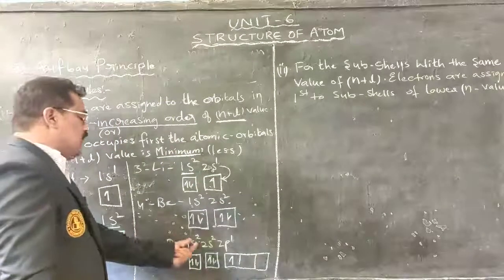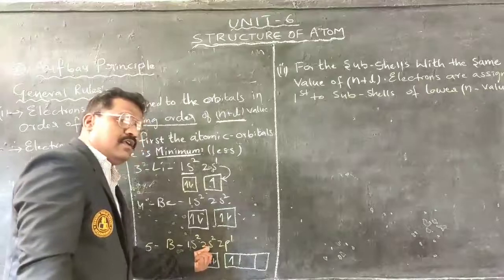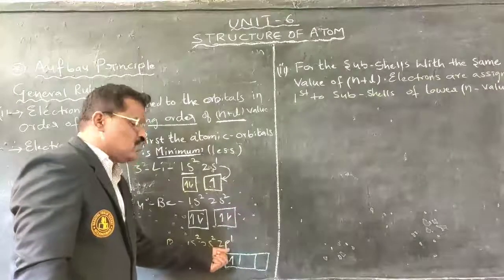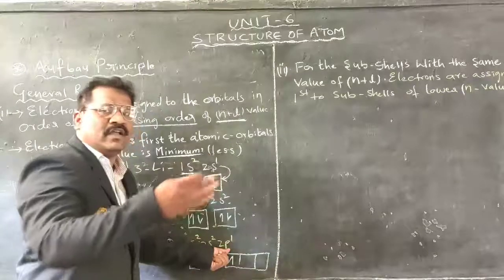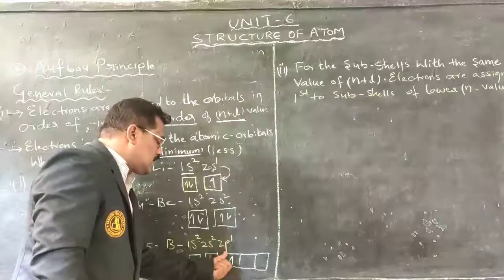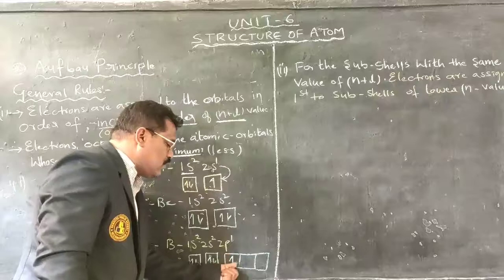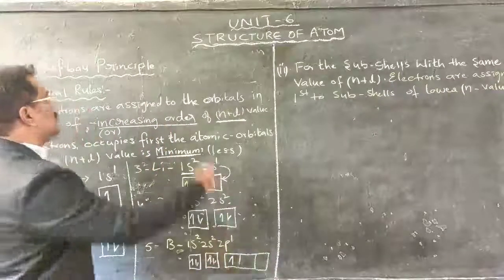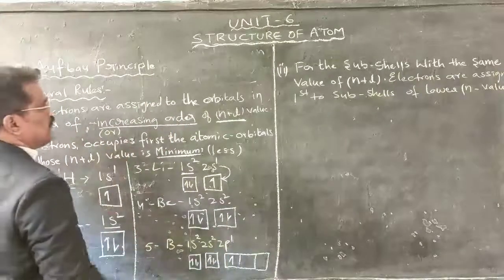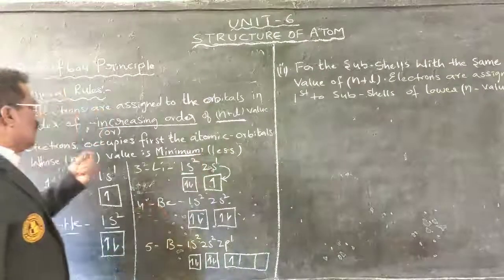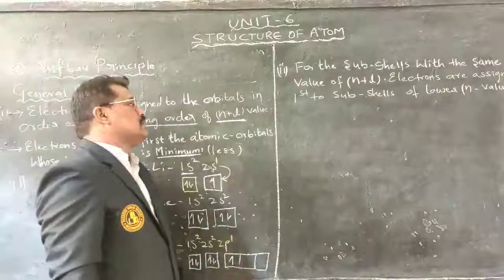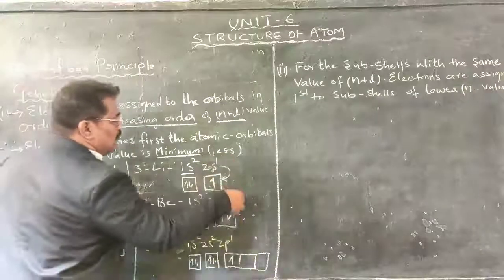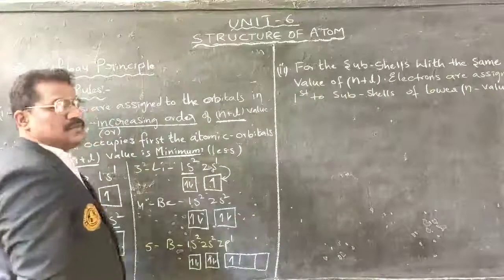After completion of the 2s energy level, the 2p orbital will have less energy than the next orbit, so the fifth electron will enter the 2p orbital. In this way, electrons first occupy the atomic orbitals whose n plus l value is minimum. The one whose n plus l value is minimum will be occupied first.